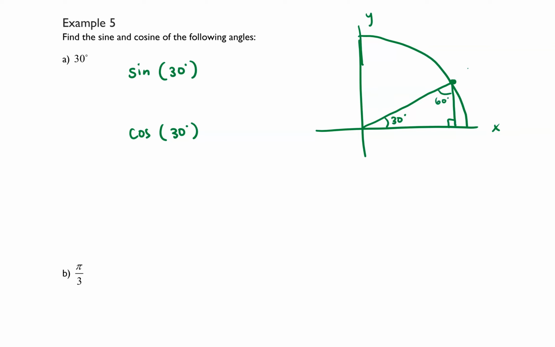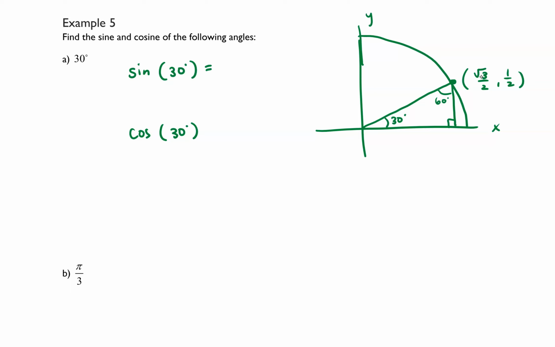And so we want to remember from earlier, we have the ordered pair as √3/2, comma 1/2. And so remember, sine is associated with the y value. Why won't you sign the prenuptial agreement?